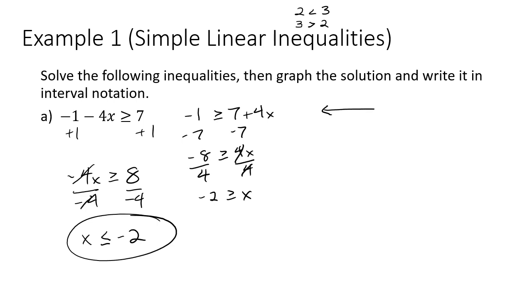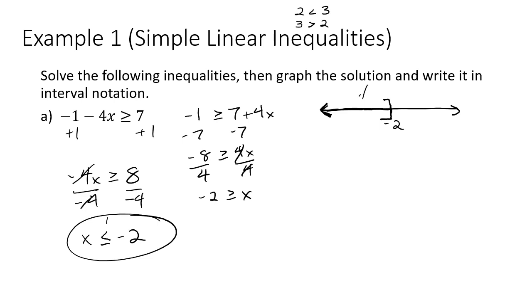So we've got x is less than or equal to negative 2. So remember, smaller numbers are to the left on the number line. So my answer is going to be negative 2 and everything less than or equal to. So all the stuff to the left, and because this was an or equal to symbol, we get a square bracket instead of a parenthesis.